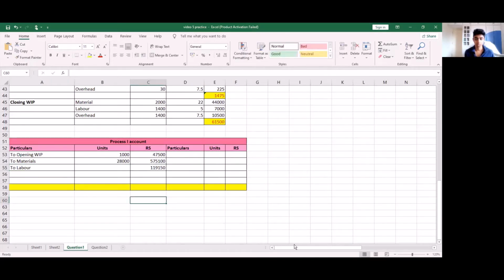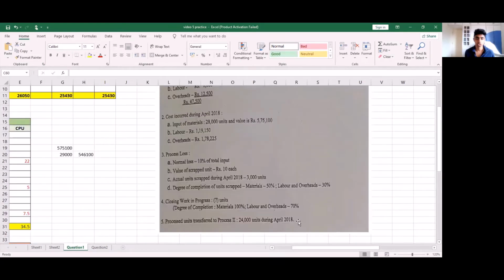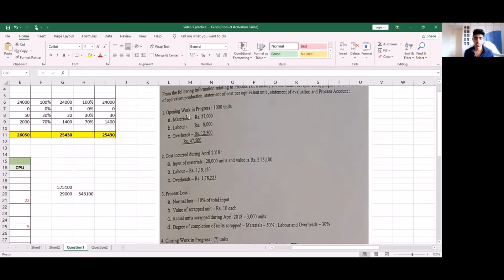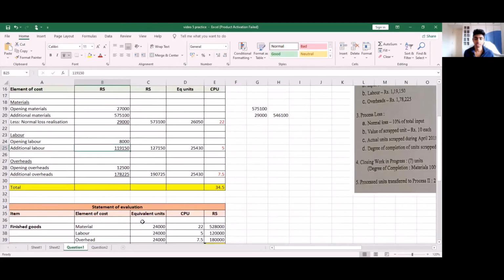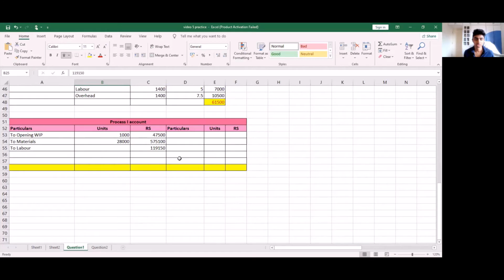So we will write what is given to us in our question from the cost incurred during the year and not from our opening work in progress. So we will not write the cost of labor as 8,000 plus 1,19,150 and write 1,27,150, but we will only write 1,19,150 in our process account because this is different from our opening work in progress.